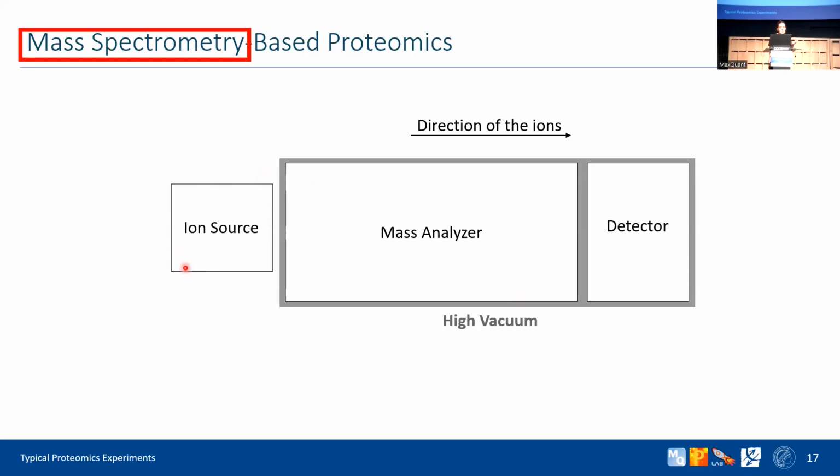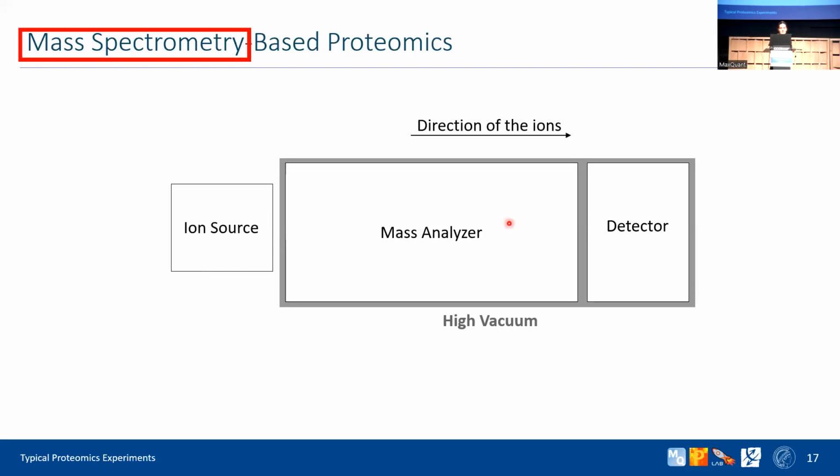Then your analytes go to the mass analyzer, which is responsible for discriminating your analytes based on the mass to charge ratio. You can also filter your analytes, but that's a different discussion.